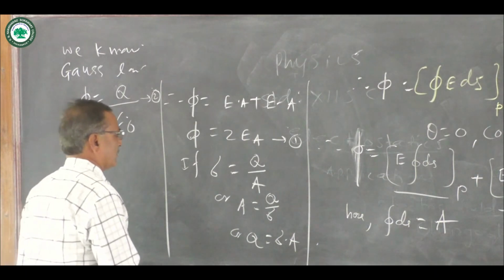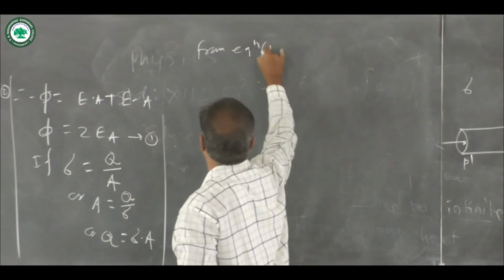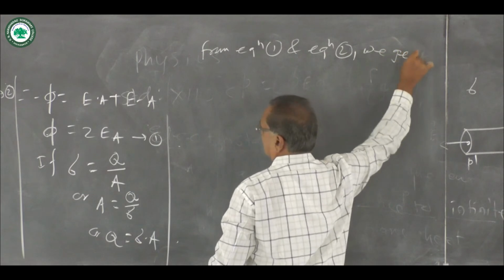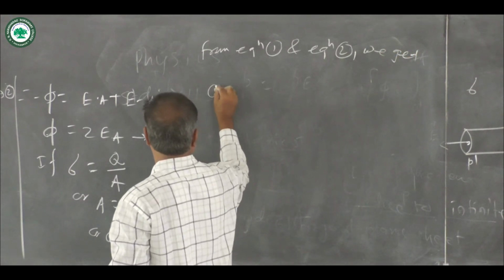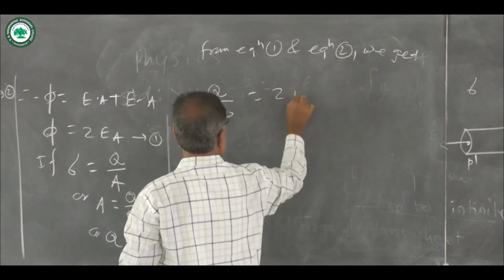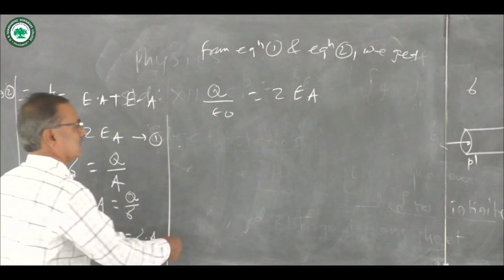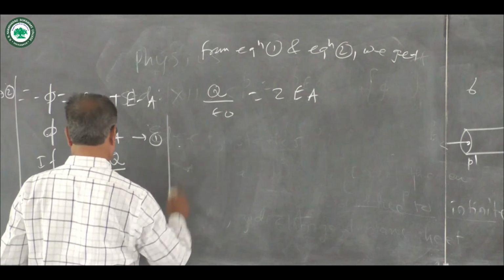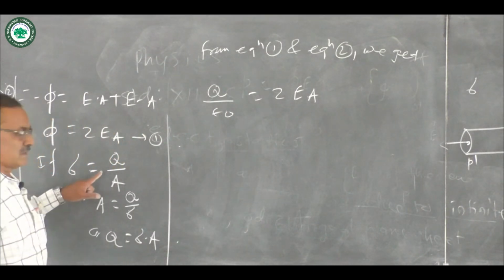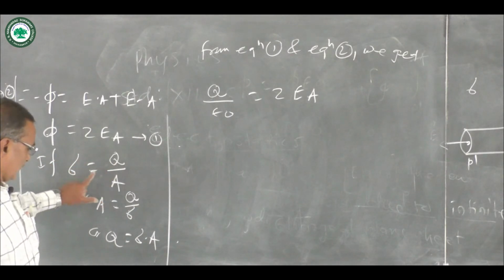From equation 1 and equation 2 we get charge by epsilon naught is equal to twice EA, or charge is nothing but sigma into area.